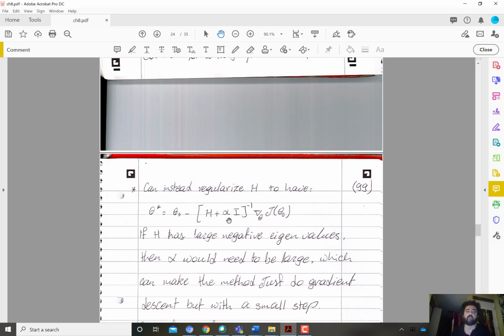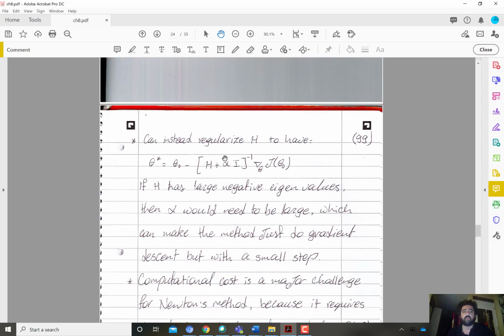The alpha I term will overwhelm the H term, and you are just going in the negative gradient direction, but you're dividing by a large value, which is alpha. So if you take that regularization method to the extreme, it boils down to stochastic gradient descent with a very small step size. So it actually defeats the purpose of the second order method, right? So this regularization method is useful only if it works with very small values of alpha.